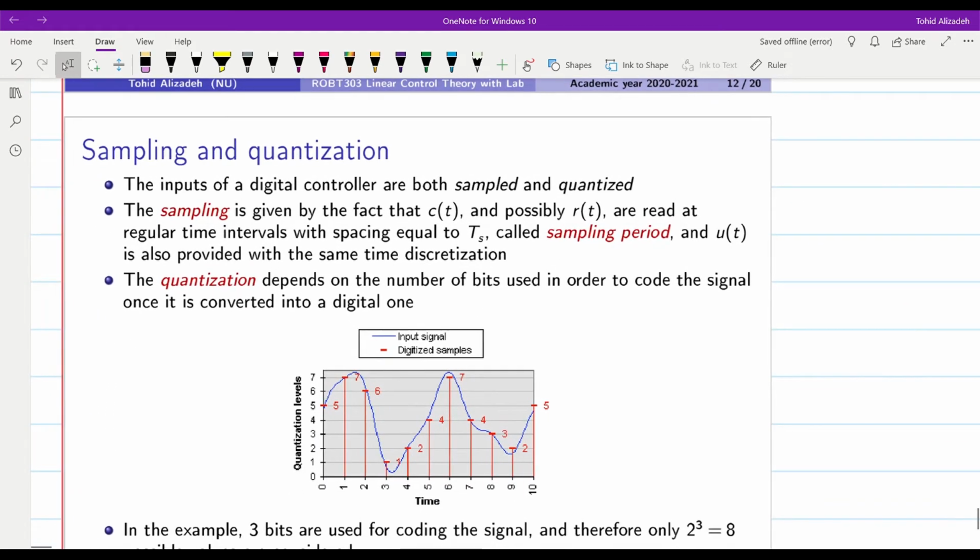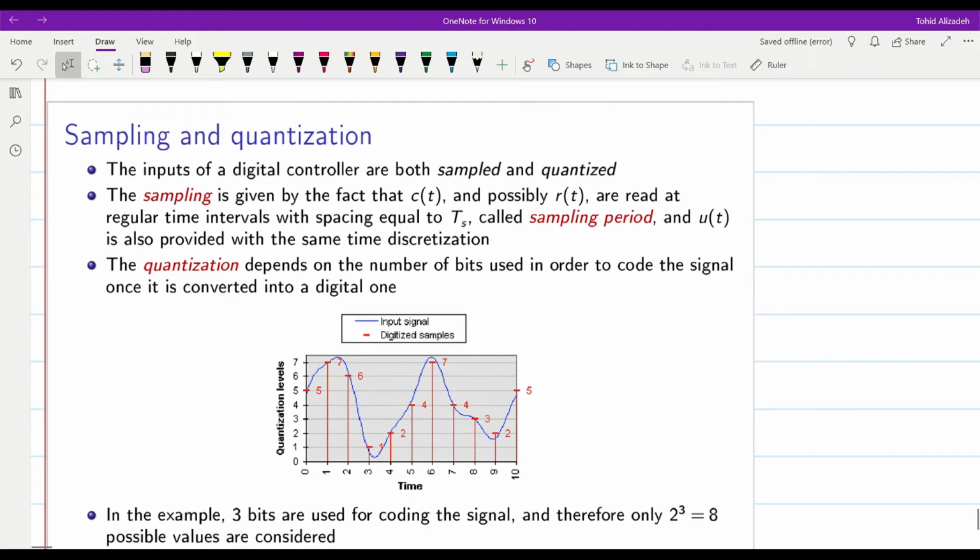There are two main concepts regarding the digital control: sampling and quantization. We have seen that the inputs of the digital controller are obtained by using the analog to digital converter. It means that they are sampled and quantized.